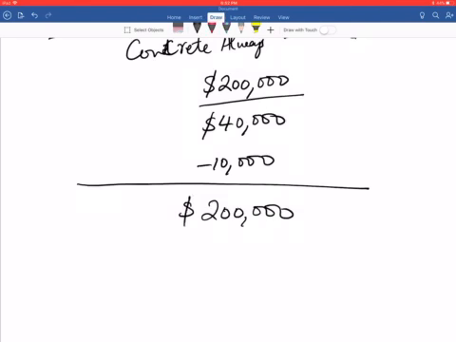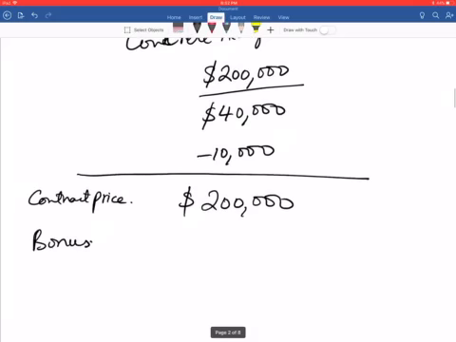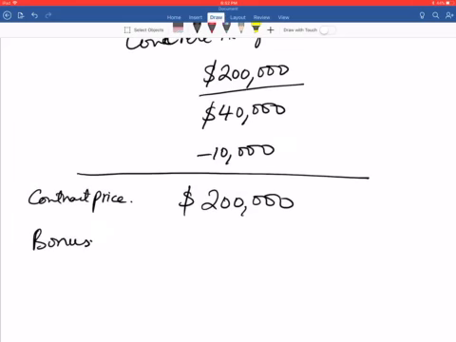That's 200,000, and that's the contract price. The bonus: how are you going to evaluate the price of the bonus? Here we have to apply probability theory. We have done that, I'm sure, in other courses. That's the best estimate of what's going to happen in the future.